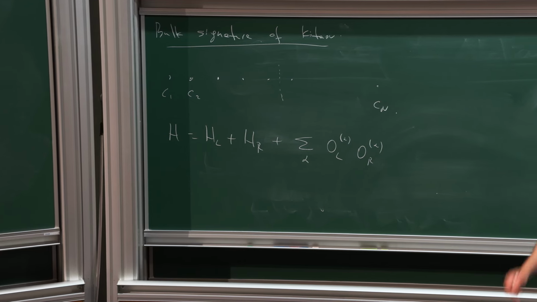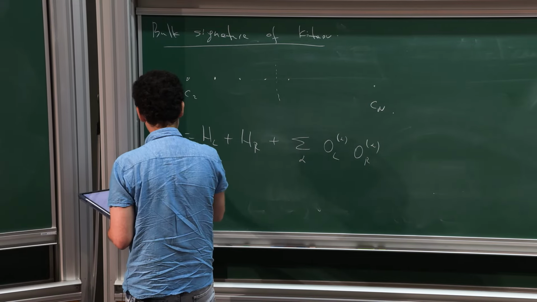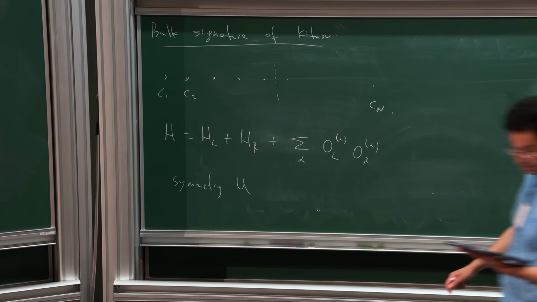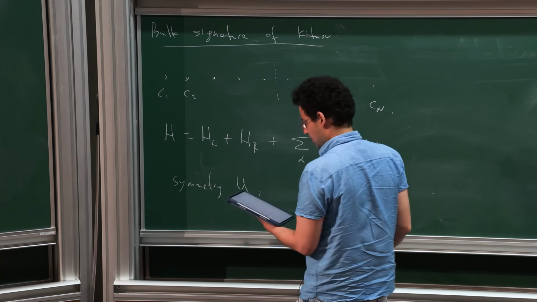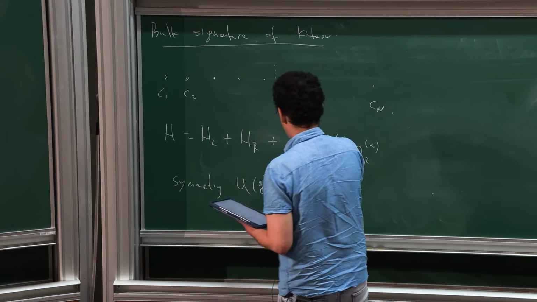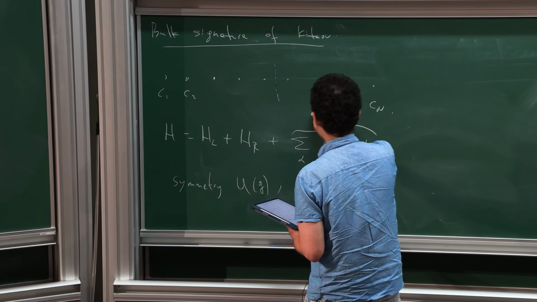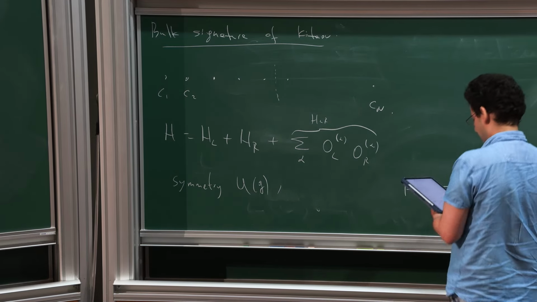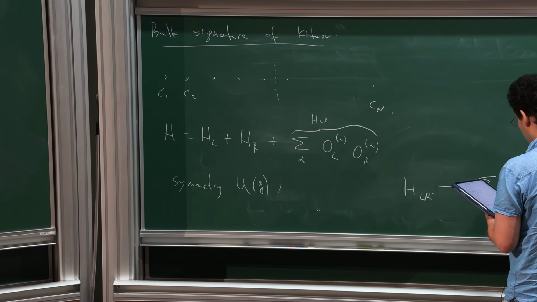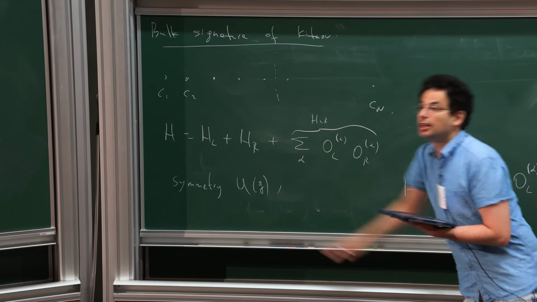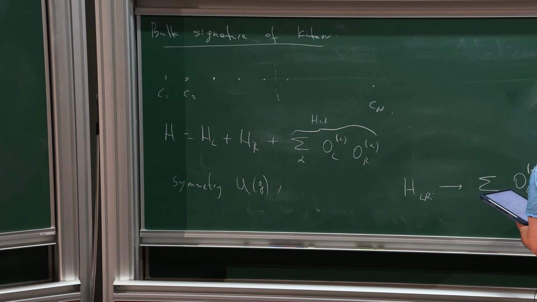Okay, and if we have a symmetry U of the form that we discussed last time, so an on-site symmetry, then we can consider a twisted Hamiltonian, twisted by this group element g, and so let me call this H_left-right, and the twist amounts to rotating all the operators, say, right of the cut in this sum by the symmetry U. Like this.